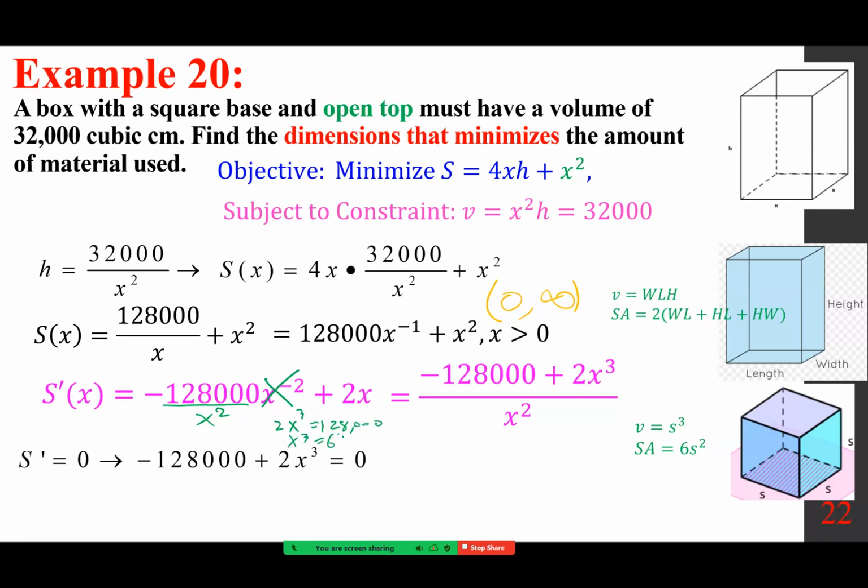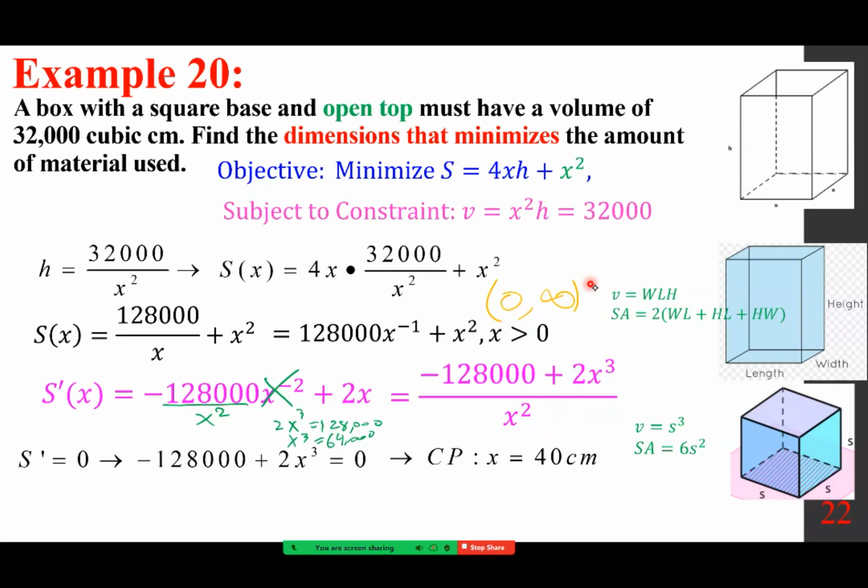X cubed is half of that. Take a root and you get 40. The units, centimeters. A fraction is undefined when the bottom is 0. X becomes 0, it's not part of the domain. So therefore, there's only one critical point in an open interval.